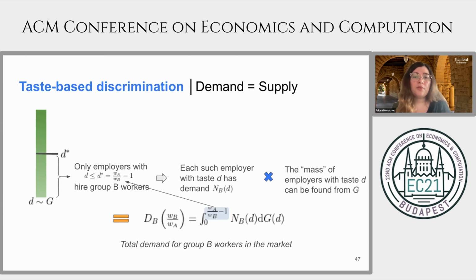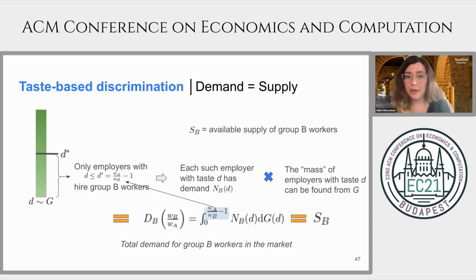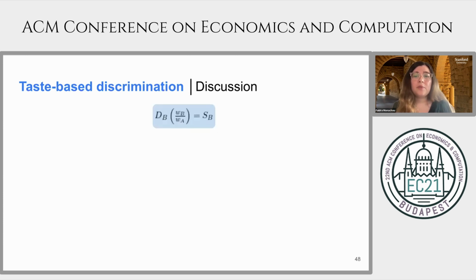And by the laws of the market, this demand must actually equal the supply of group B workers in equilibrium. So we have demand equals supply. Okay, so like in the end, we end up getting this very nice and simple expression about demand, supply, and the wage ratio. And as you saw, this was pretty much like the whole model.